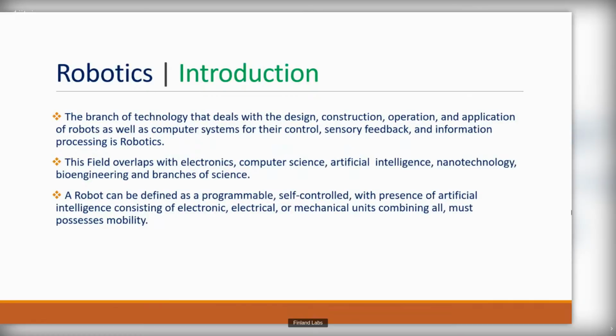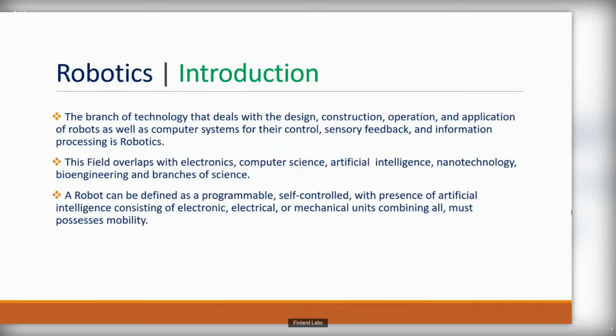These are all machines which make our work easier, but we cannot call them robots. A robot should have some characteristics, some features, which I'll discuss after some time. If these features are there in the machine, then we can call it a robot.